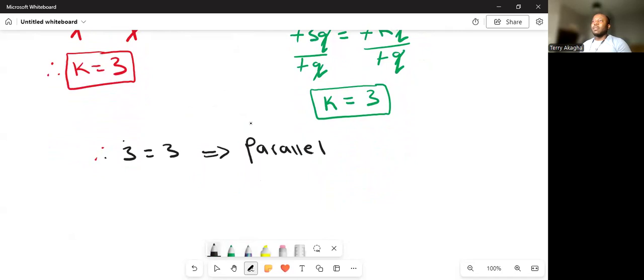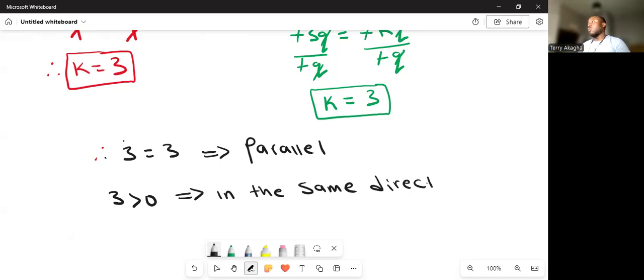But in this case, 3 is greater than 0. Because 3 is greater than 0, it's going to be parallel in the same what? Direction. So 3 is greater than 0, it means that it's going to be parallel in the same direction.